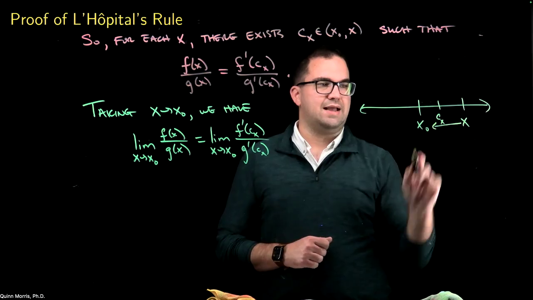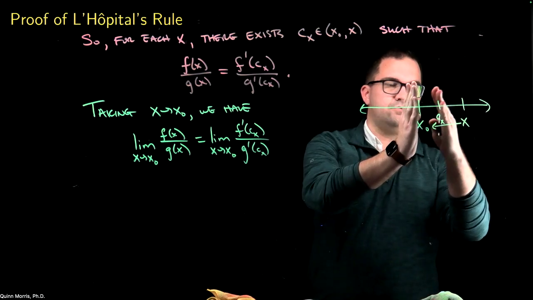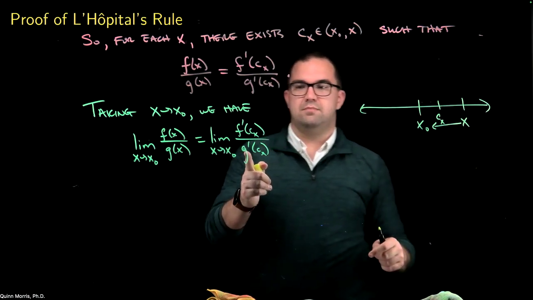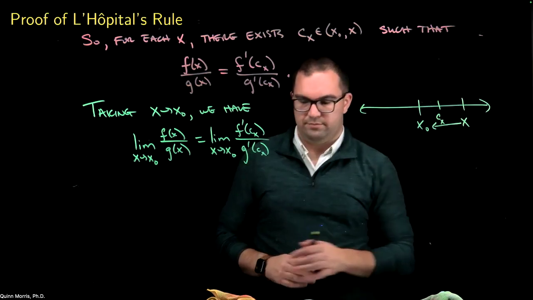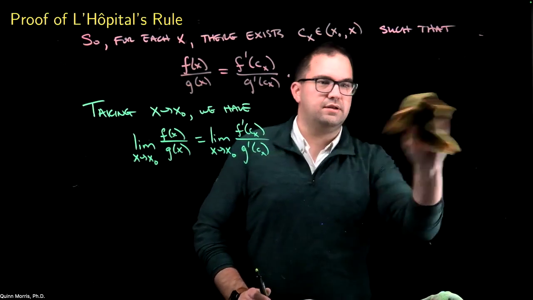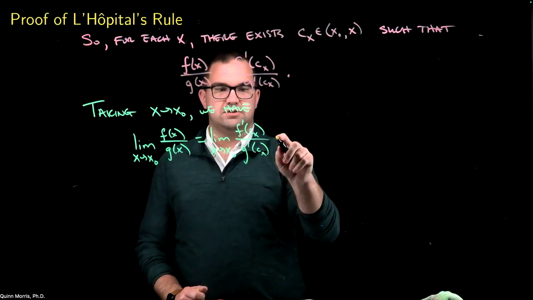Now you're taking x to x naught. As x squishes down towards x naught, c sub x is trapped in the middle, so c sub x must also be going to x naught. So taking x to x naught is the same as taking the input here to x naught.